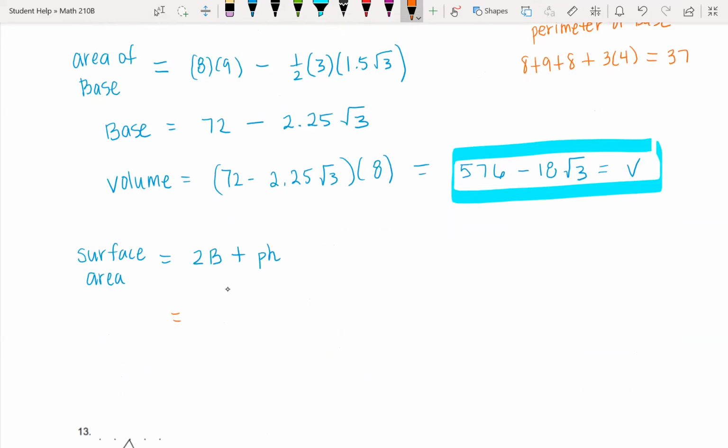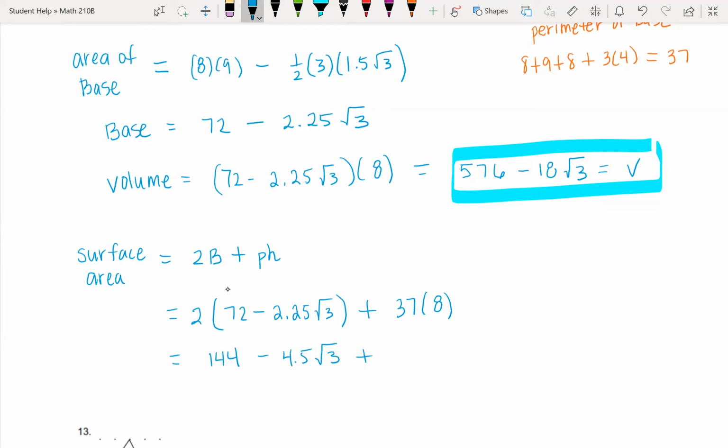So the surface area is going to be 2 times the base. I'm taking the base that we found up above, 72 minus 2.25 times the square root of 3. Plus, we've just found the perimeter was 37 and the height of the shape is 8. So that is 144 minus 4.5 times the square root of 3 plus 296.